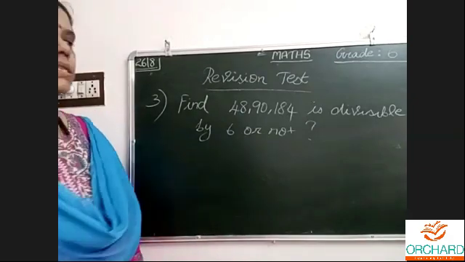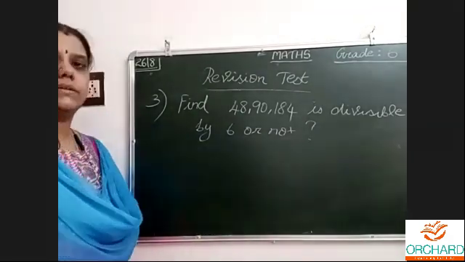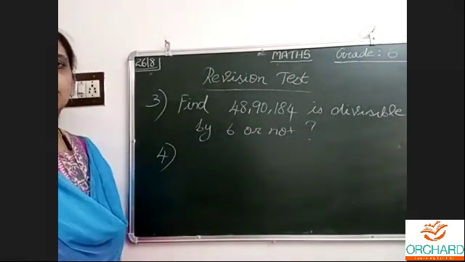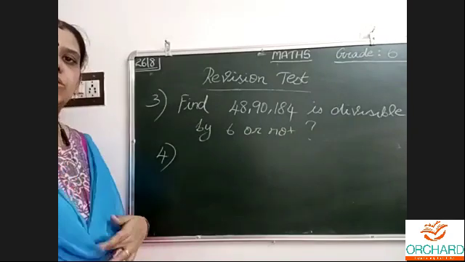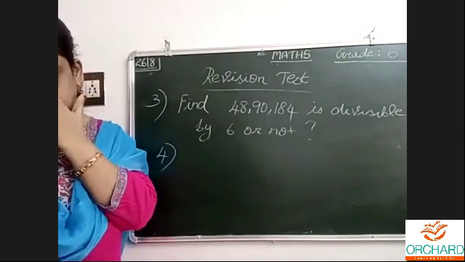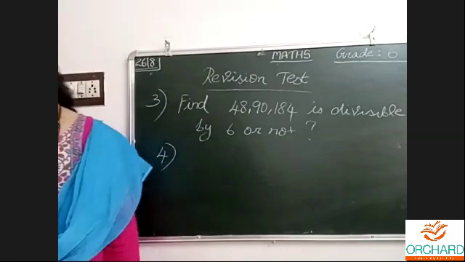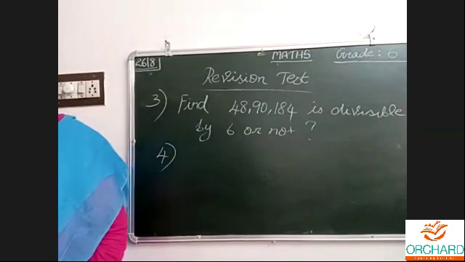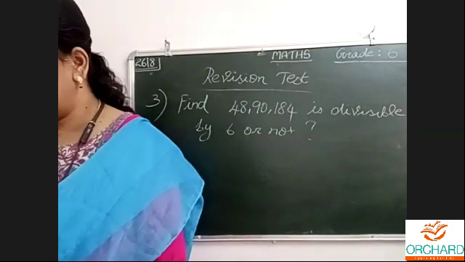I can ask any question in the exam. This is a model only. In the examination, any test of divisibility by 2 or 3 or 5, anything. The others are all easy. Only 11 you need to practice. 11 and this 6, 9; the remaining are all easy.